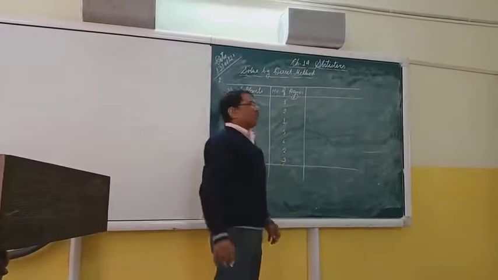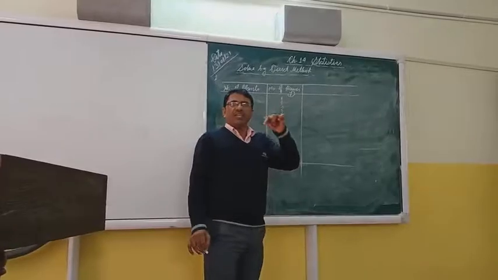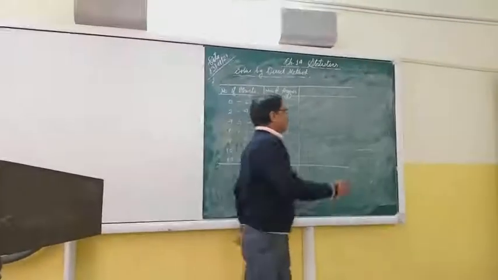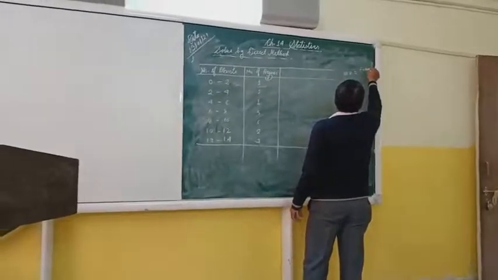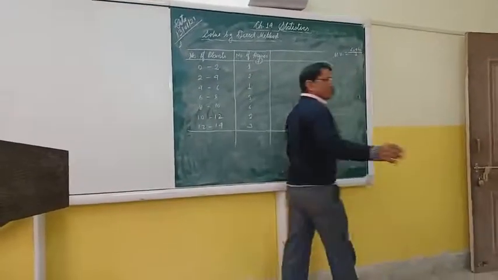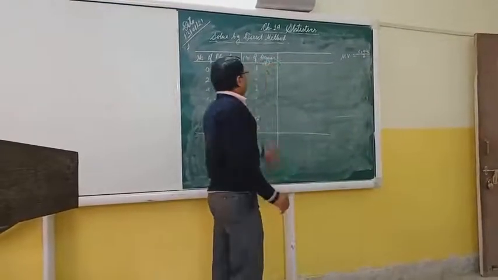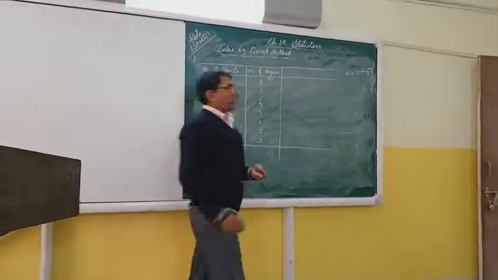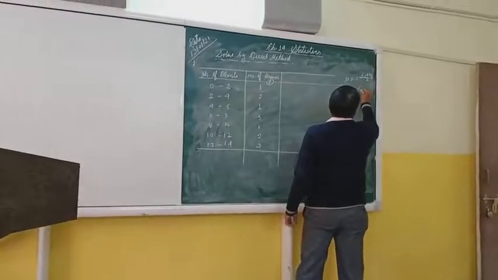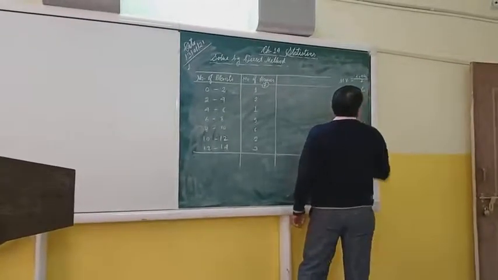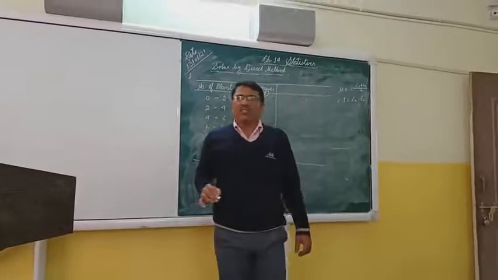So what is the mid value formula? Mid value is L1 plus L2 by 2. Now what is the class interval? Class interval is equal to L2 minus L1, upper limit minus lower limit.